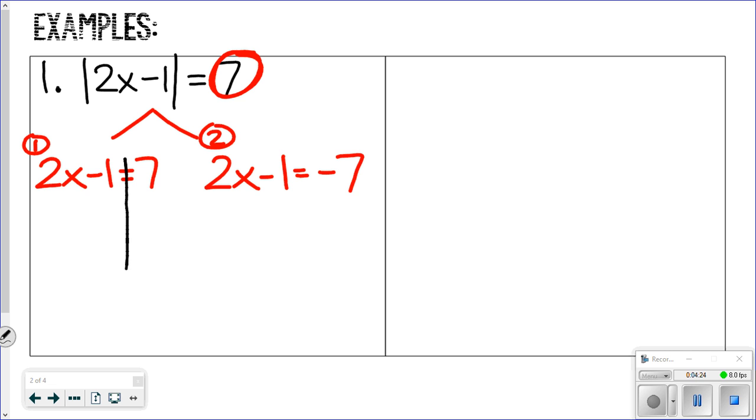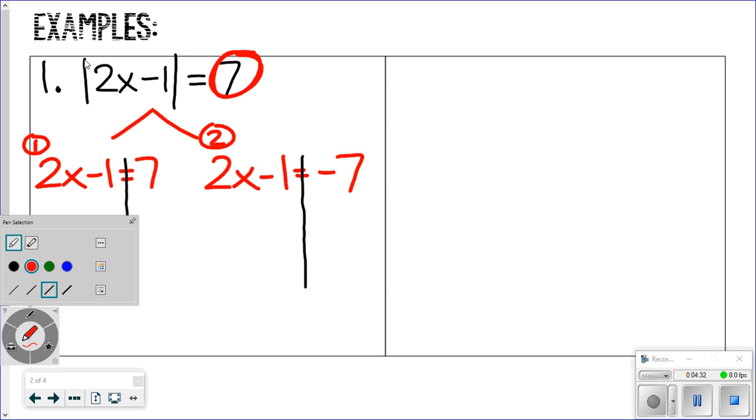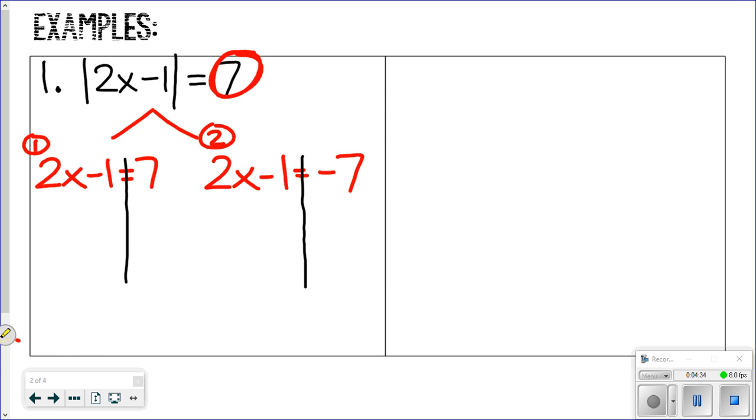So if I'm going to keep my work organized, remember we can draw our lines down. And we want to get 2x all by itself, so I need to move my loose number. I need to move my negative 1, so it's the opposite. We would need to add 1 to both sides.